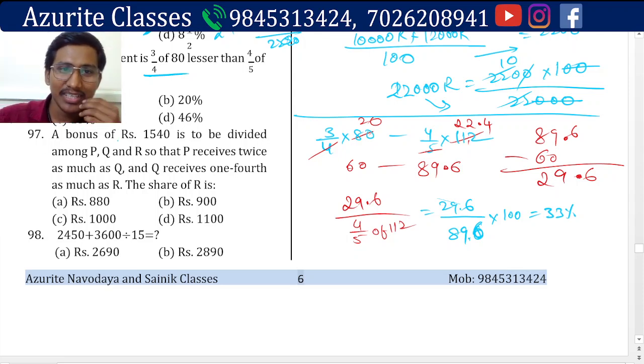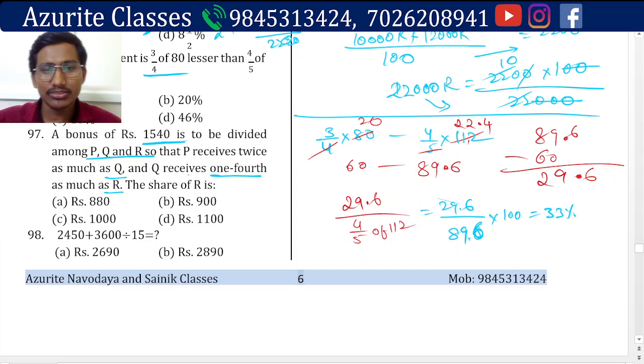So 97. A bonus of 1540 is to be divided among P, Q and R, such that P receives twice as much as Q, Q receives 1/4 as much as R, and the share of R is the question.